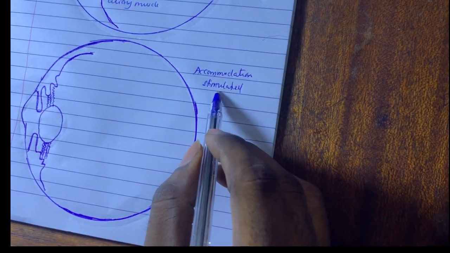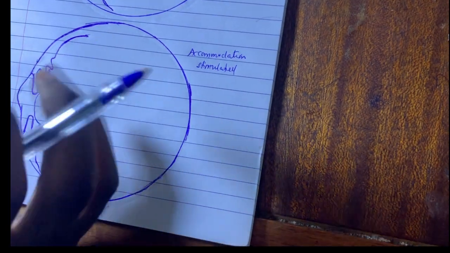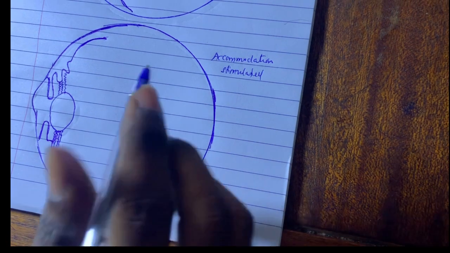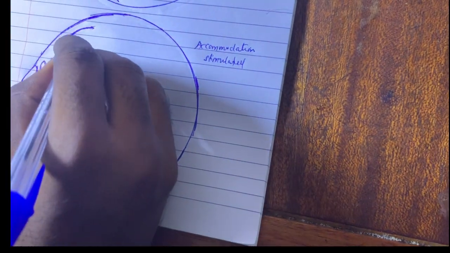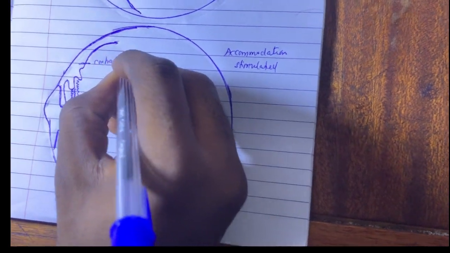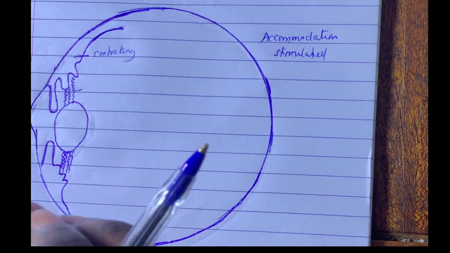Whenever accommodation is stimulated, the ciliary muscle contracts, and then the zonules relax.